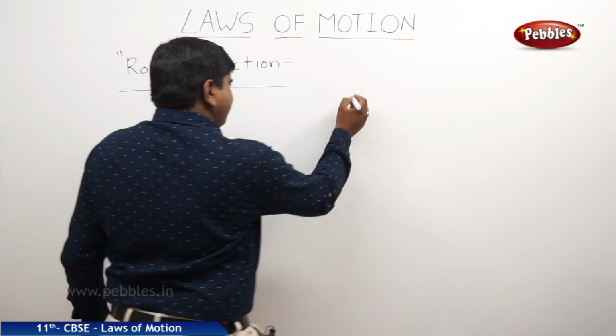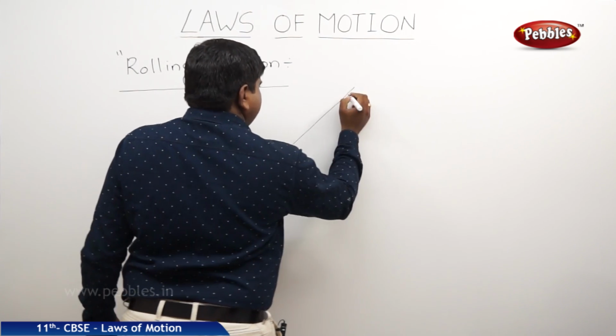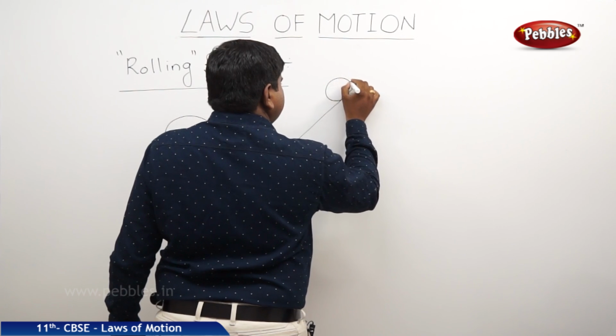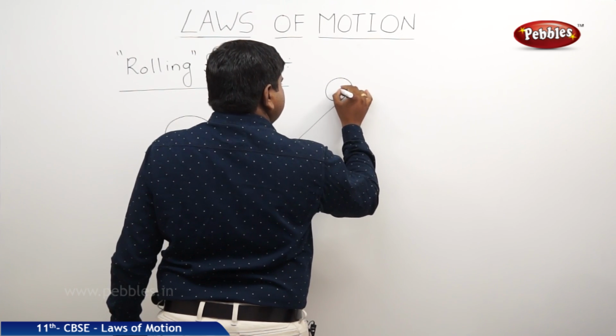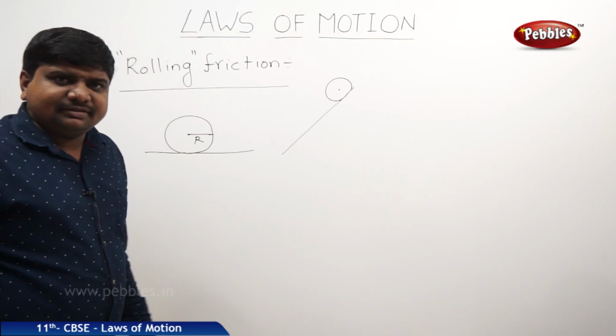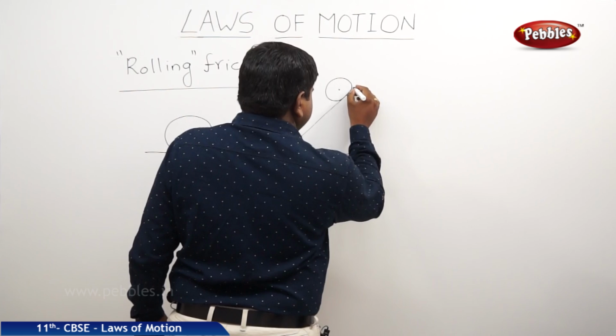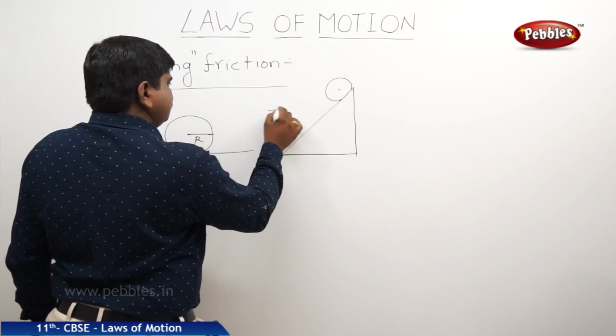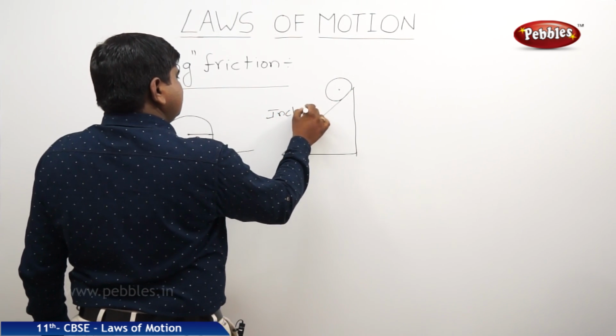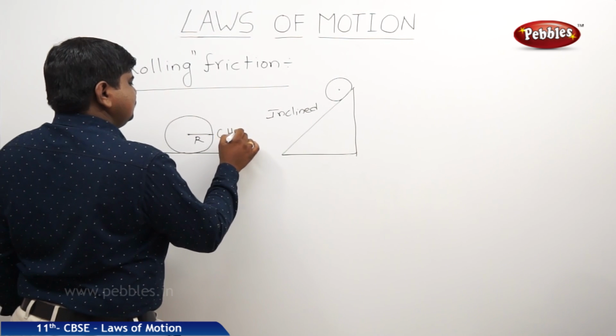And these same bodies we can expect to slide over a horizontal surface. This is an inclined plane. This is horizontal.